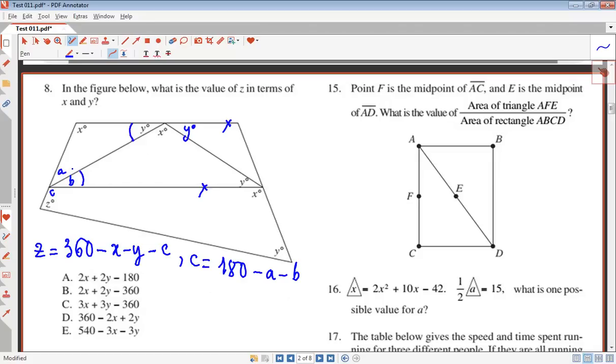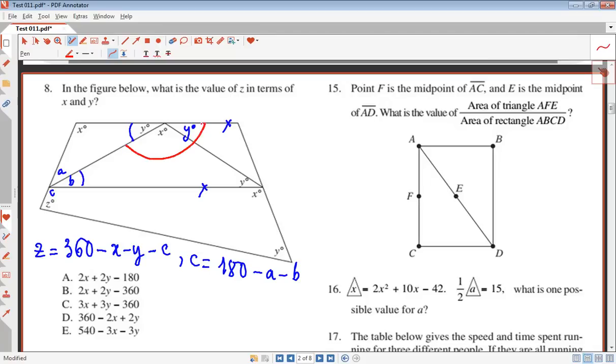And the angle A, anyway, here. Maybe I should use a different color.